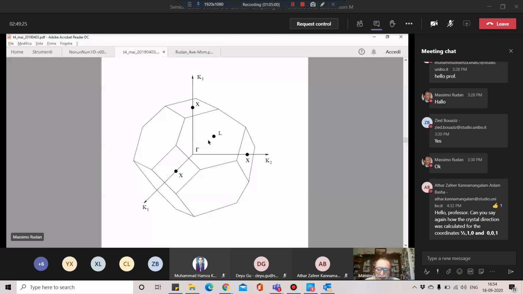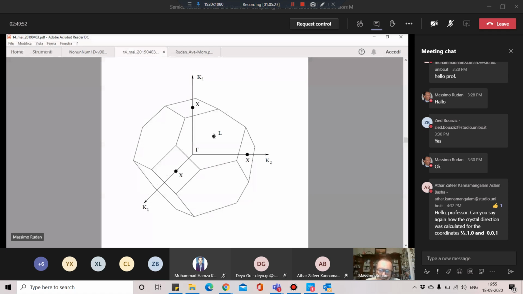And then there are 8 faces of the volume that are hexagons. You can see 4 of them here, 2, 3, and 4. And the center of each hexagon is called L, capital L. So it is the L point.